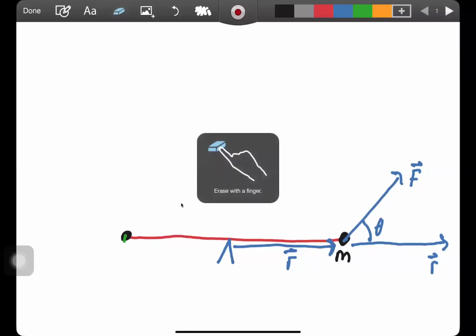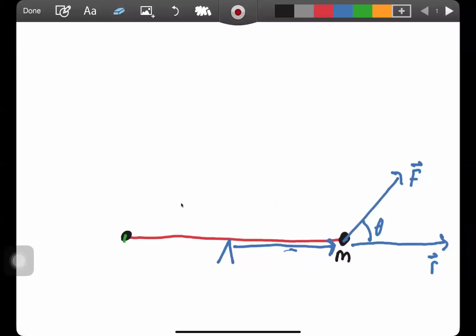And just to simplify things here, I'm going to erase so that we don't get too messy. So I hope you're following that for some mass M, there's some lever arm, which is a vector r that has both magnitude and direction, where the magnitude is the distance from the center of rotation, i.e. the axis of rotation.